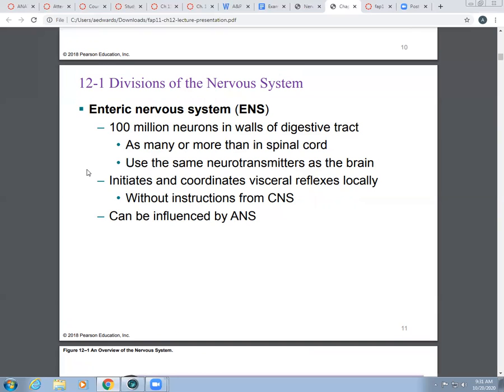You also have neurotransmitters like the ones you have in your brain. So it's involved with visceral reflexes, and they don't need information or instruction from the central nervous system, but they can be influenced by the autonomic nervous system. Okay.